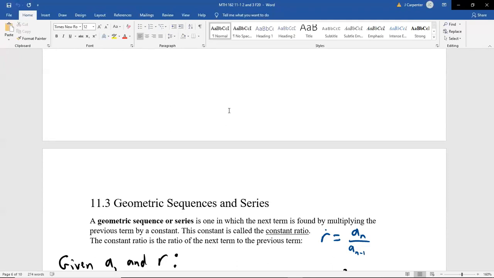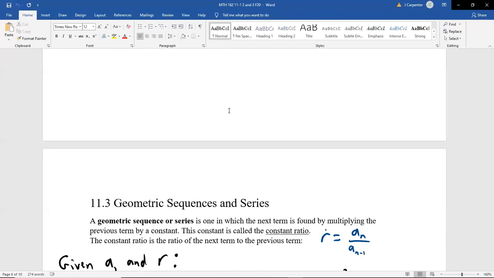So the common difference was literally the difference of the next and the last term. The common ratio, or constant ratio, is the ratio, the division of those two things. And of course, we can develop and use formulas to find the sum of maybe the first 10 or 12 or 200 terms.